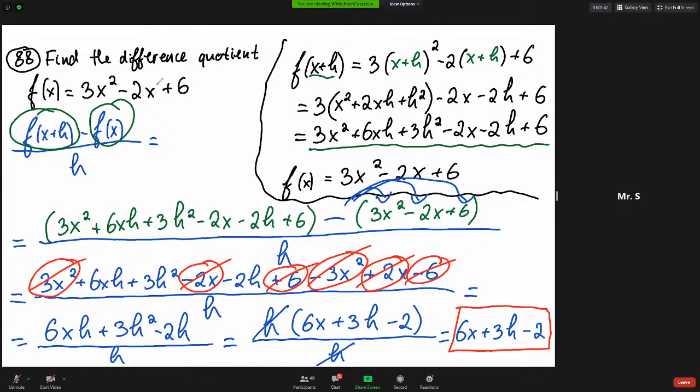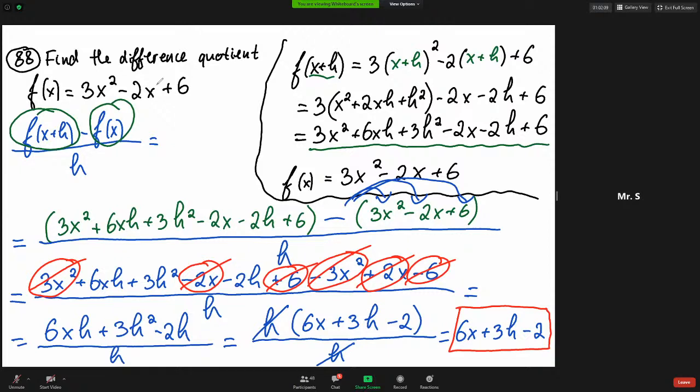Because if you made a mistake and some of the terms in the numerator do not have an h, and you just go on and divide things by h, then you'll still have an h in the denominator, and that tells you that you made a mistake. So for me, I just do the factorization to make sure that every term contained an h, and I'm able to reduce the h entirely out of the denominator.